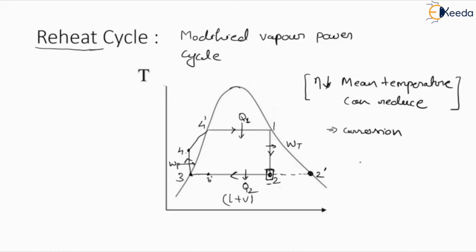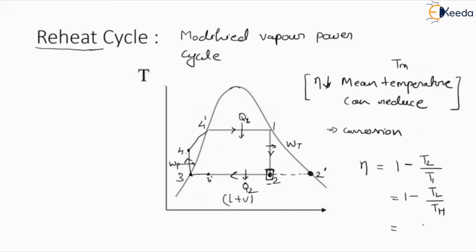First, if we see the efficiency, how will it reduce? The formula of efficiency we can define as 1 minus T2 by T1. Basically, T2 is the lower temperature and T1 is the higher temperature. In this particular condition, what is happening? The mean temperature is reducing. Mean temperature is the highest temperature.